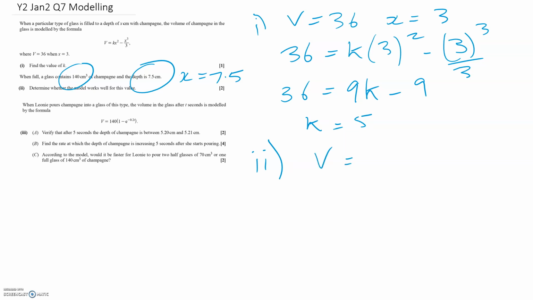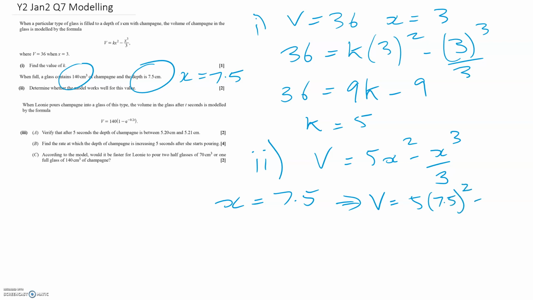We know that k is 5 from our previous question, so our model is this, and our value of x is 7.5, so that gives us the value of v: 5 times 7.5 squared minus 7.5 cubed over 3, and that works out to be 140.25, which is pretty close, so it should be 140.